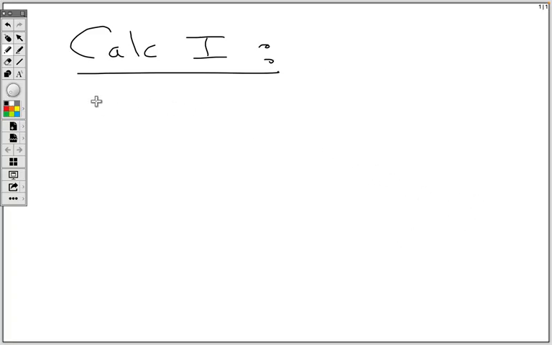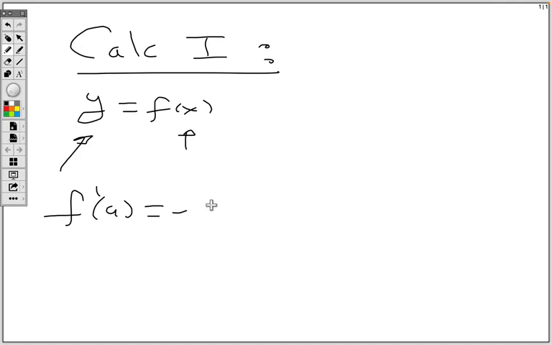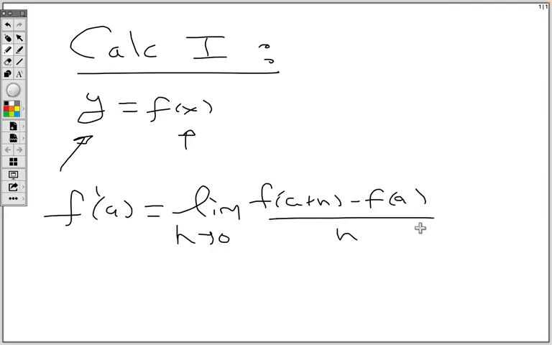Because in Calc 1, we had y as a function of x. We had a single independent variable, and we had our dependent variable. And we had the concept of the derivative. And the derivative, remember, was the limit of f of a plus h minus f of a all over h. And we can think of what was happening here geometrically on the graph of y equals f of x.